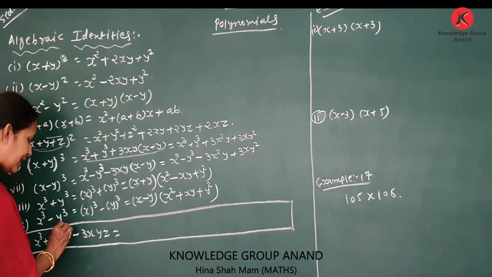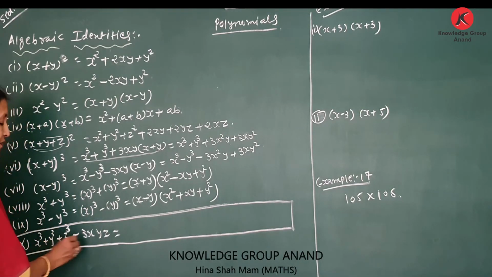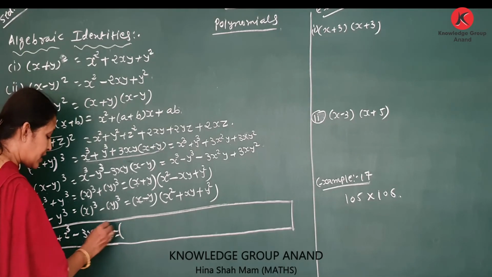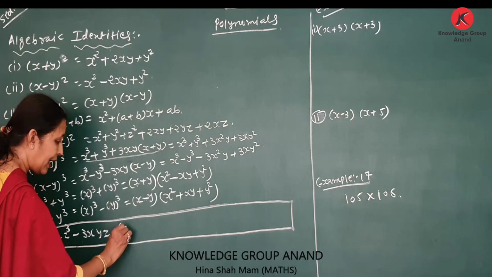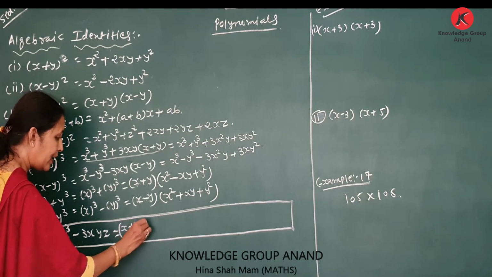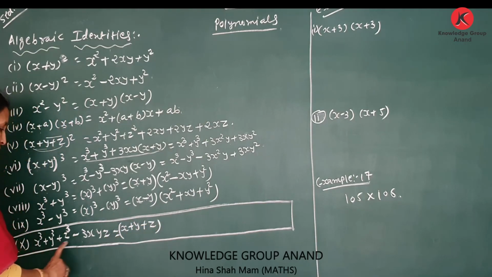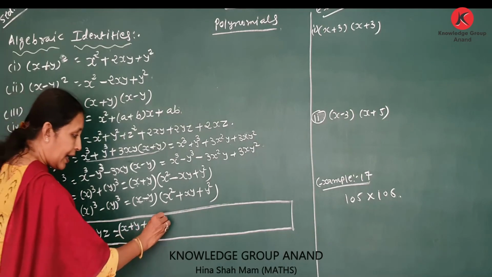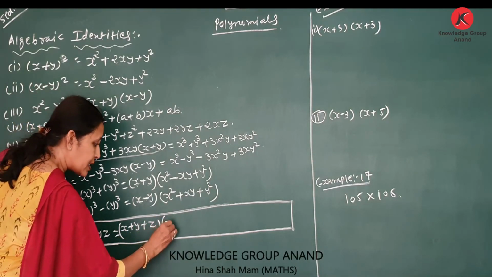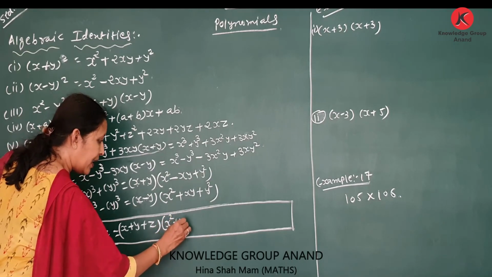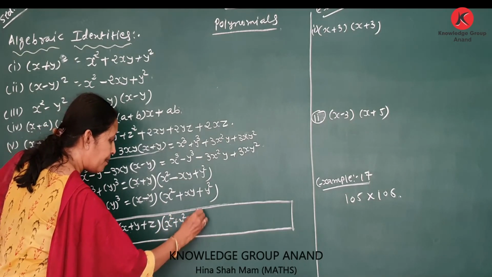This type of polynomial we factorize as follows. First, in the first bracket we write x plus y plus z. And in the second bracket, the square of these three terms: x square plus y square plus z square.